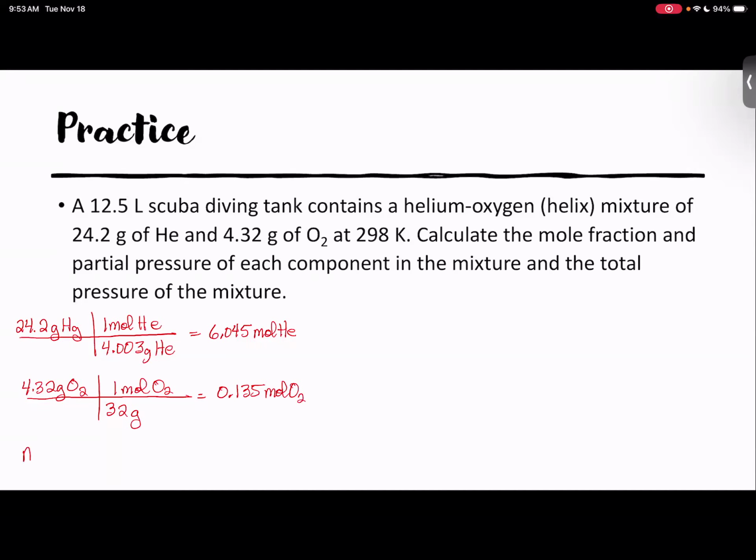The total moles is going to equal the moles of helium plus the moles of oxygen. So it's going to equal 6.045 plus 0.135, or in other words, it's 6.18 moles.